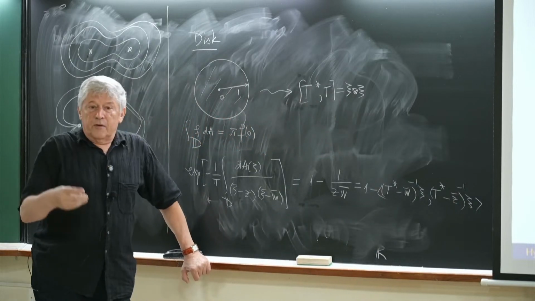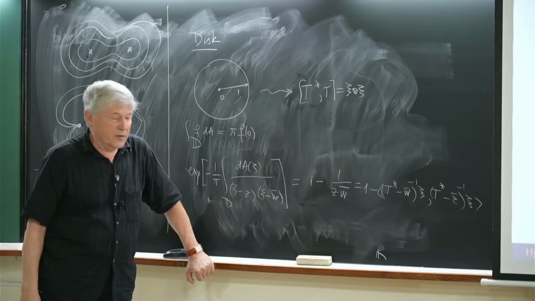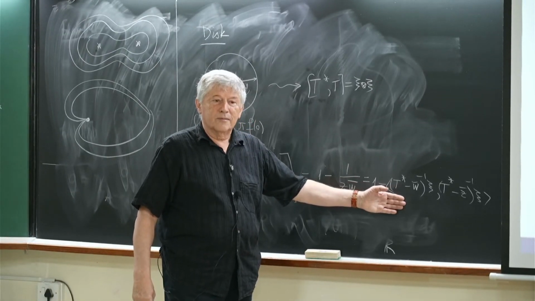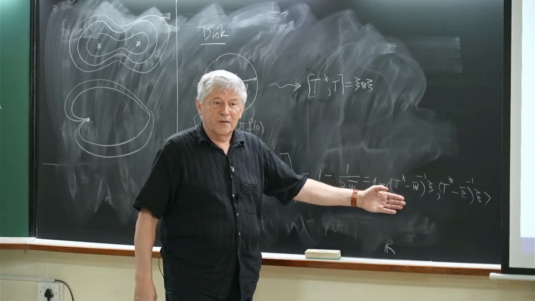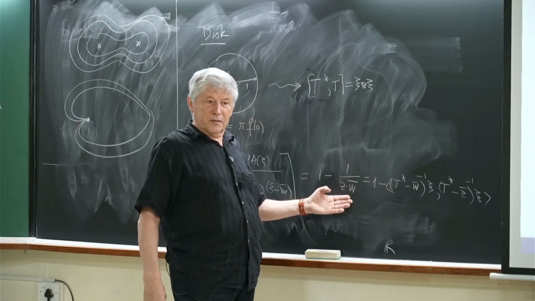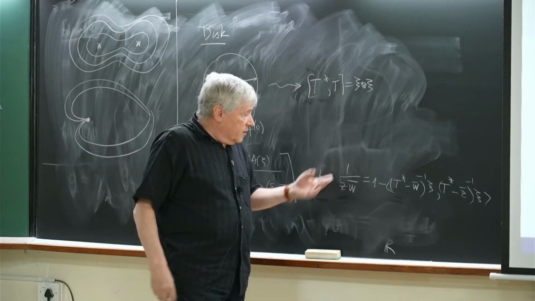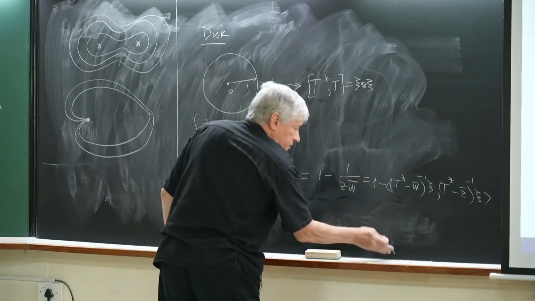Now, question for the Hilbert space people here. Find the Hilbert space operator which matches this simple rational function. Well, if I expand this in a series, let's look a little.